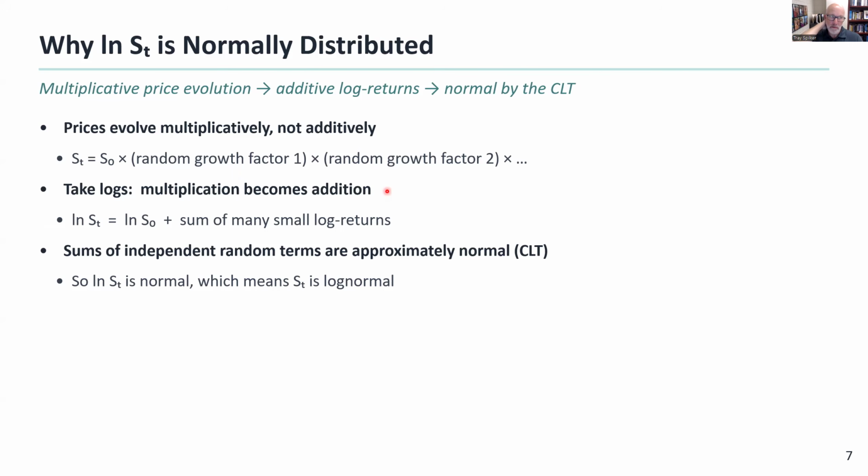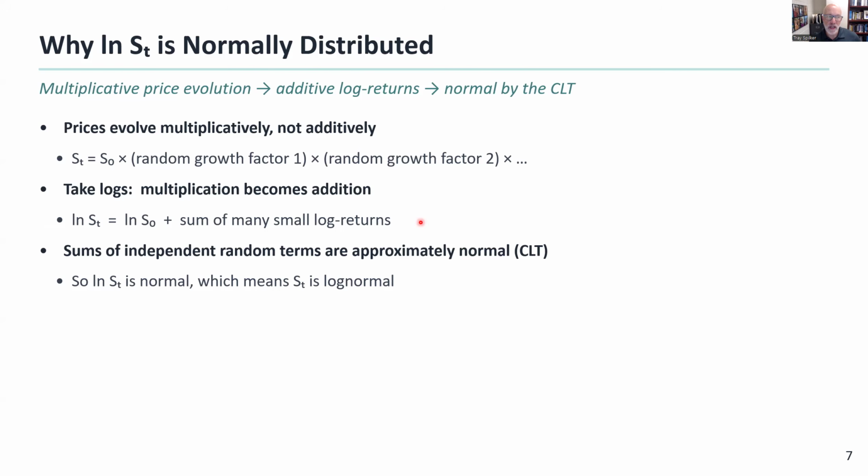When we take the logs of the share price, then we can just add the logs of the share prices across many different small logged returns. And once we're adding many small independent random terms, then the central limit theorem kicks in and the sum becomes approximately normal. That is the natural log of these prices.